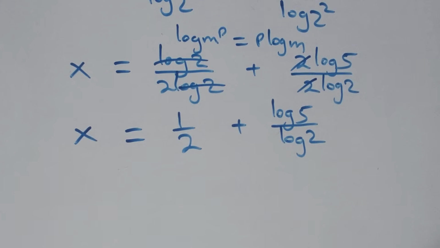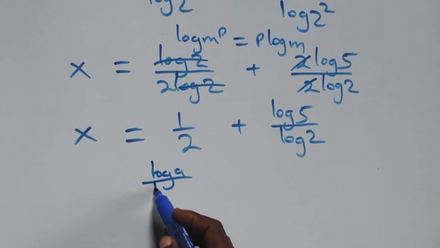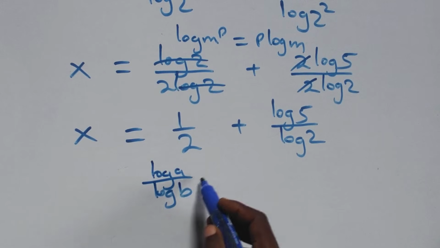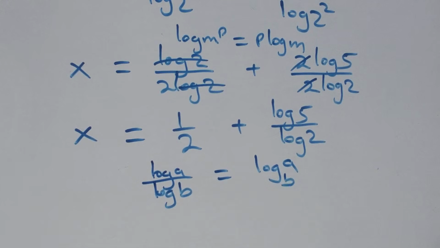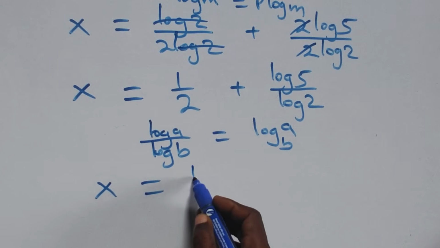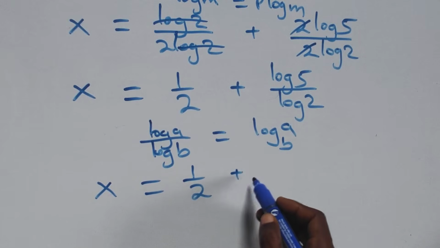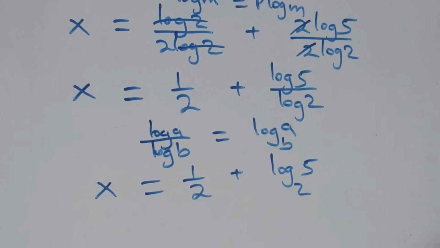Then we apply change of base, when we have log a over log b, which is the same thing as log a to base b. Then here we have x equals 1 over 2 plus log 5 base 2.